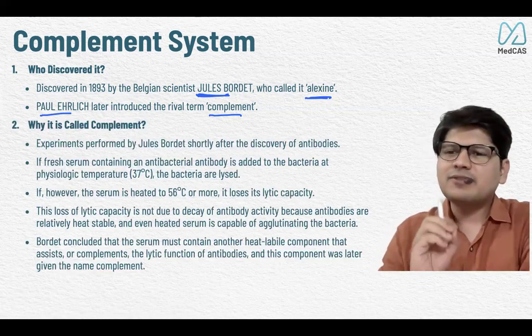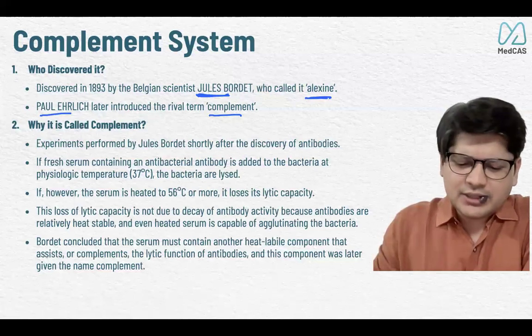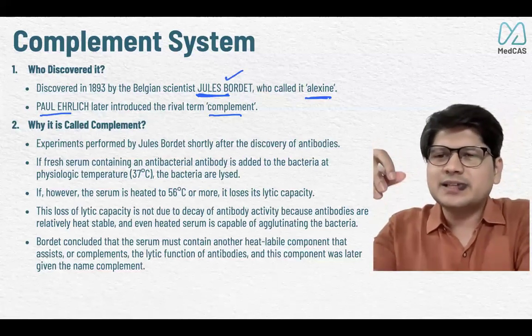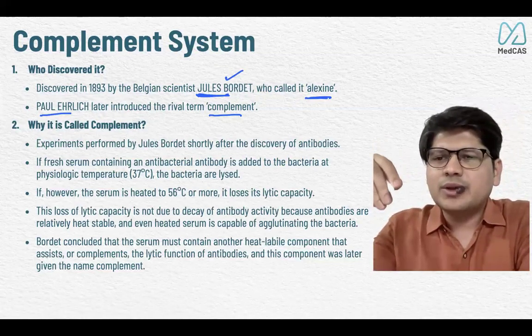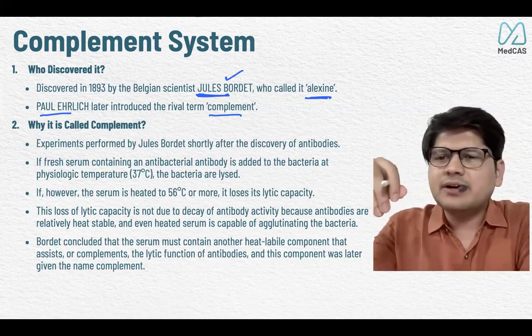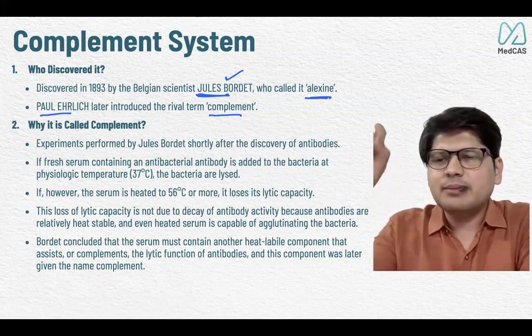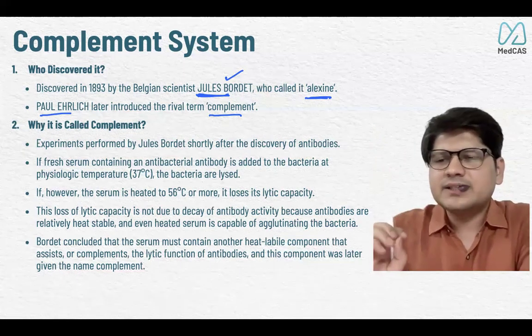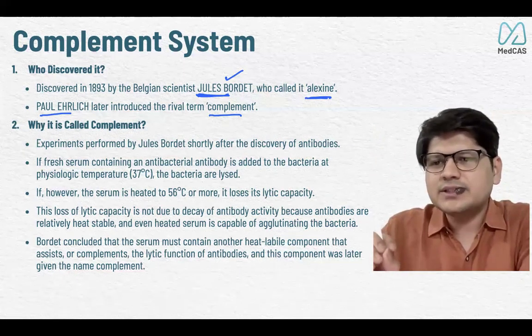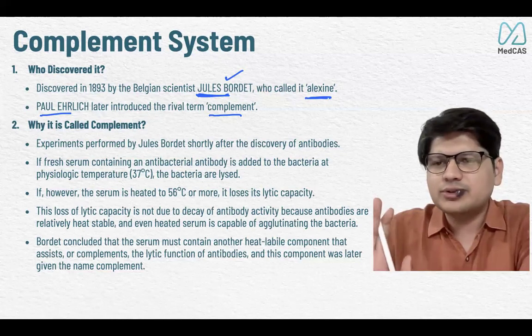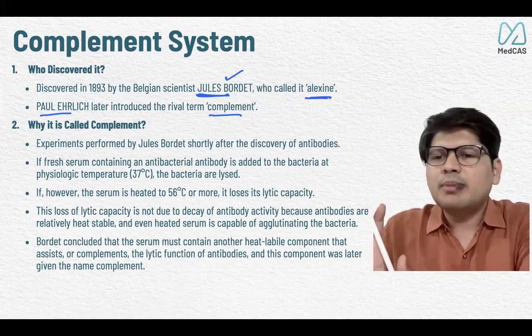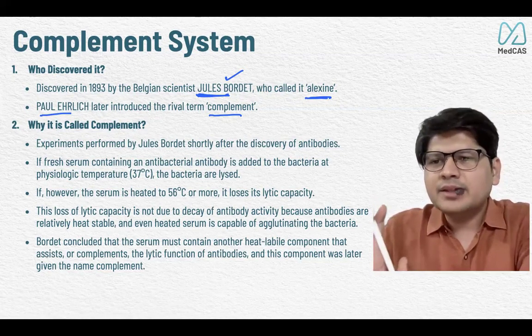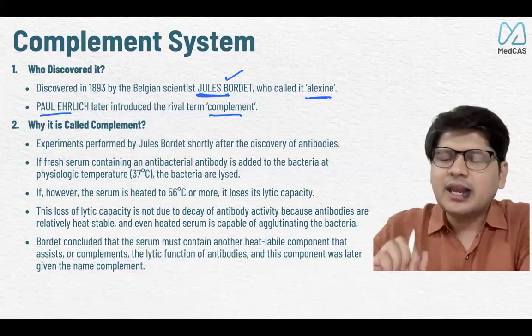Okay. And now this is very important, how Jules Bordet got this, that there is something additional also. Initially antibody was discovered and we said, okay, antibodies are killing the bacteria. Whenever we mixed the serum which has antibodies with the bacteria, the bacterial activity used to go low. But when we heated the serum, that lytic activity came down.